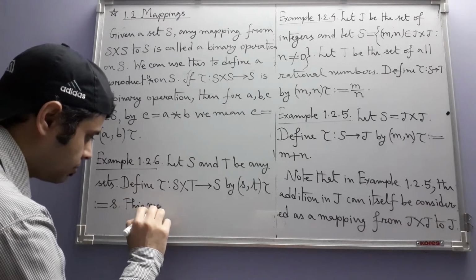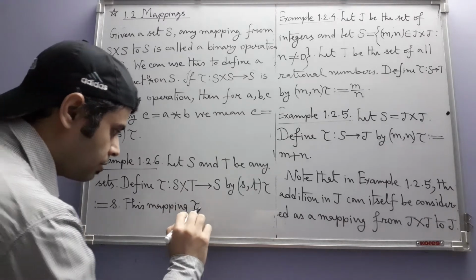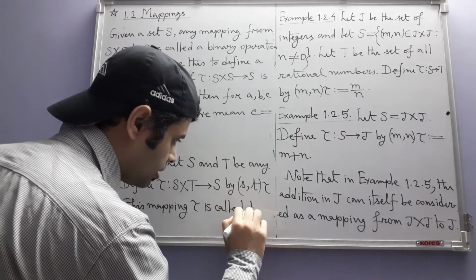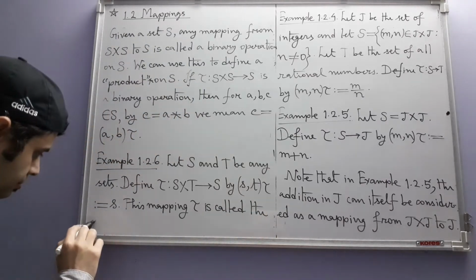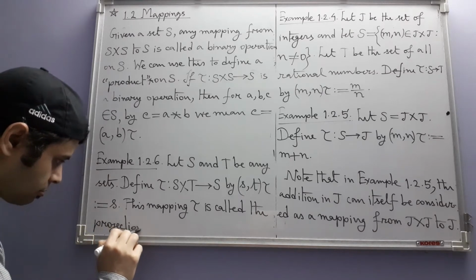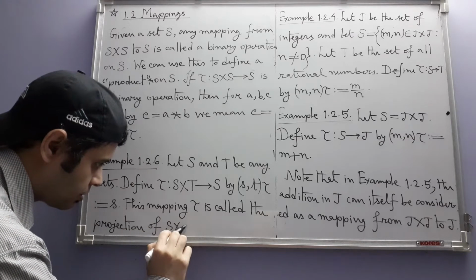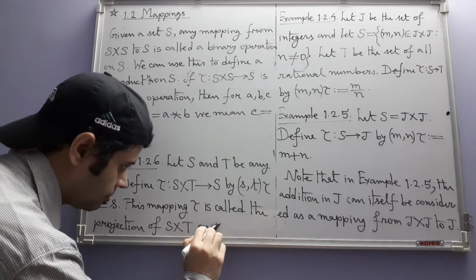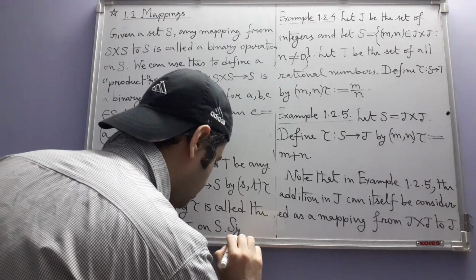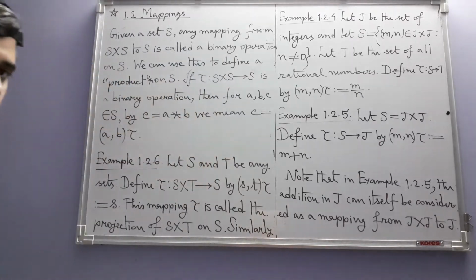This mapping tau is called the projection of S cross T on S. Similarly, projections are important mappings.